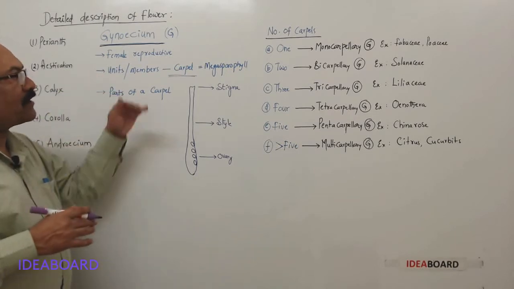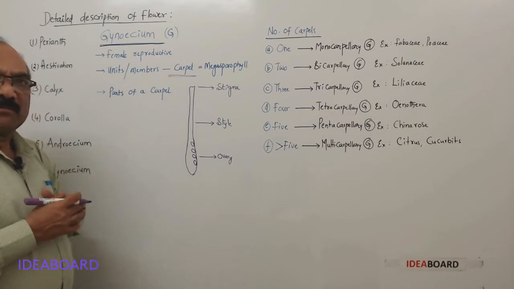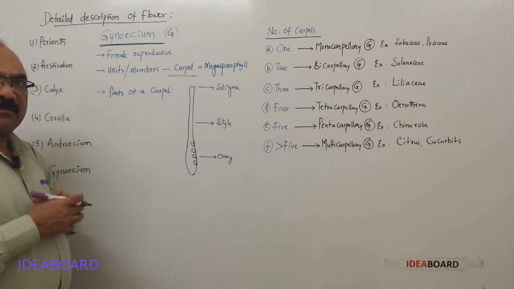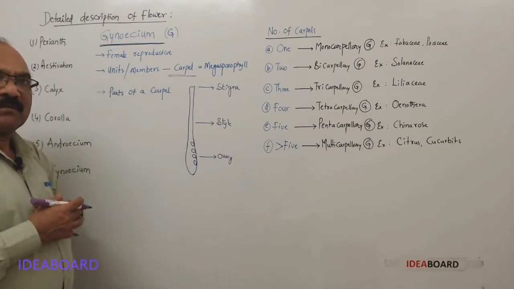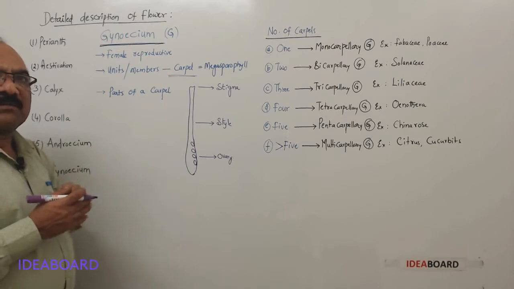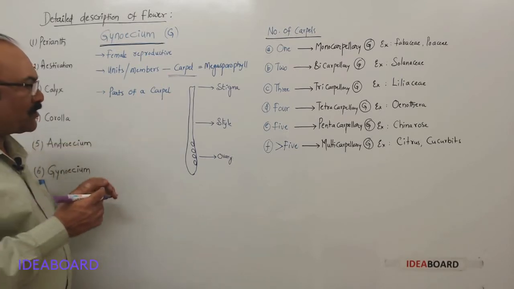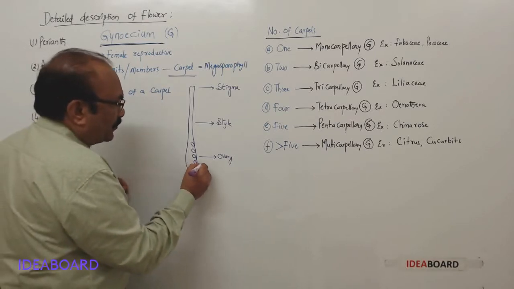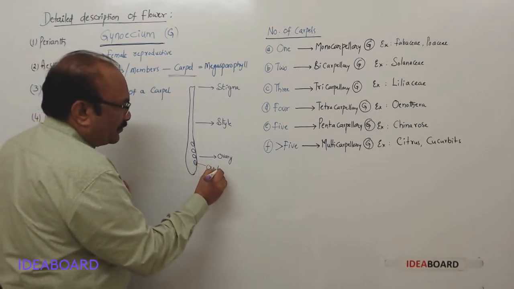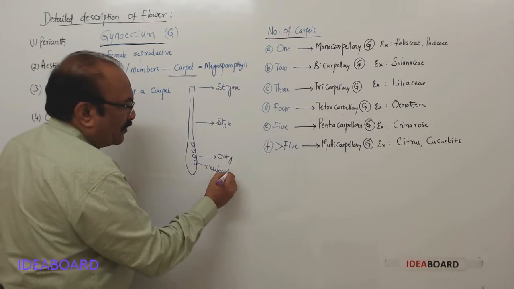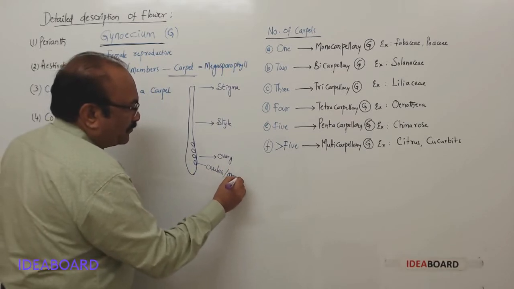In a similar way, the carpel is equivalent to megasporophyll. So the stamen will produce microspores, whereas the carpel will enclose megaspores inside the megasporangia. The megasporangia are nothing but ovules.